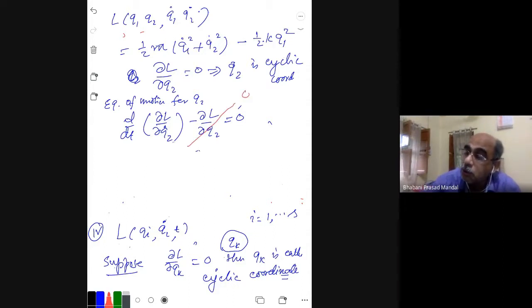So you find that del L del q2 dot is conserved, or a constant of motion.